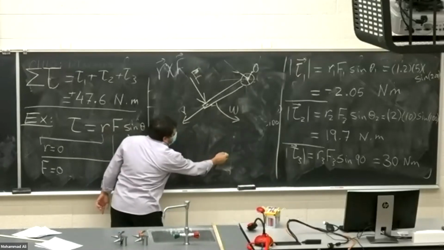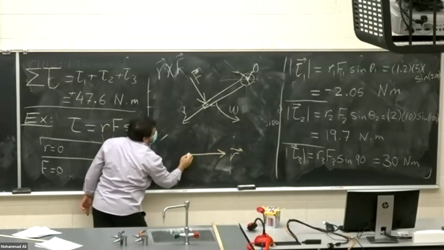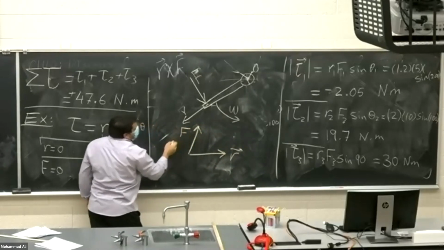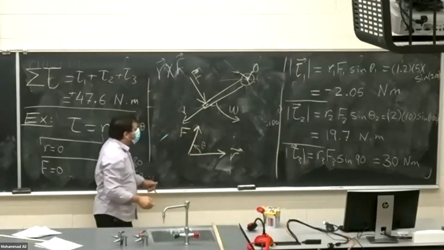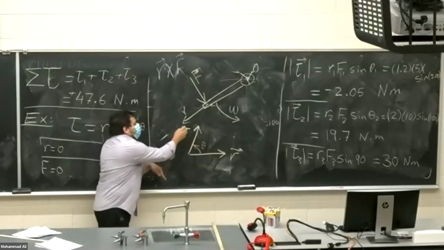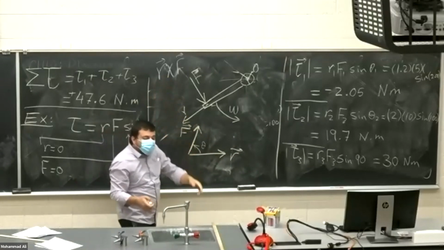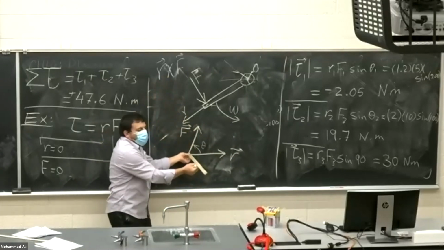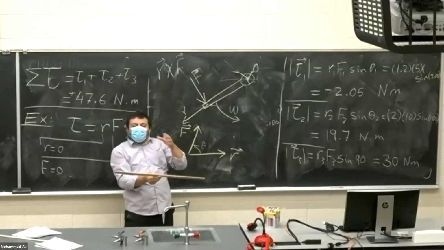If we take this as R as a vector, and this is the force. And this is the angle between them, theta. R cross F. It's a vector, and its direction is out from the board. We need just to understand this point.